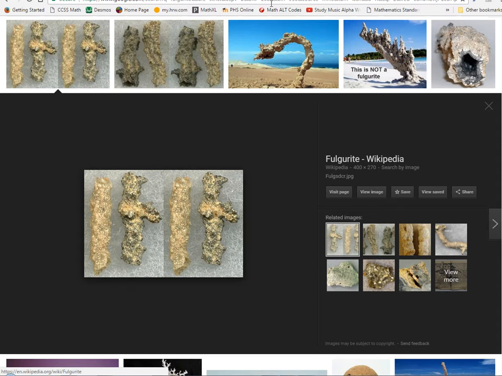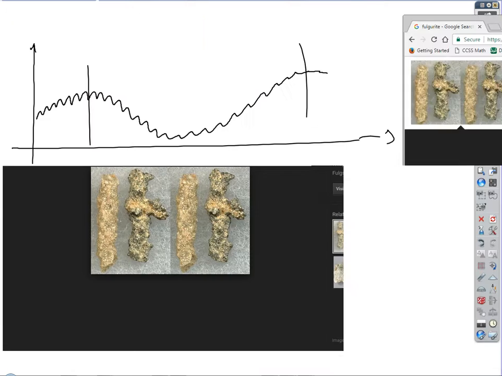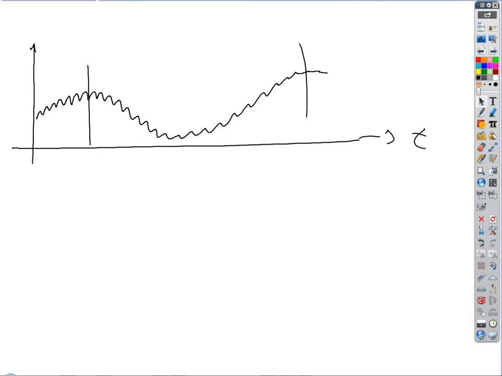Wait, so what is that if it's not a fulgurite? I don't know. Some kind of tree or something. Who knows? I knew that was a lightning strike because I saw it on Twitter. You saw it on Twitter. I saw it on Twitter. Nice. Twitter can be educational, I guess. So they're called hematite. That's what I think, maybe. No, that's not it. I can't think what they are.